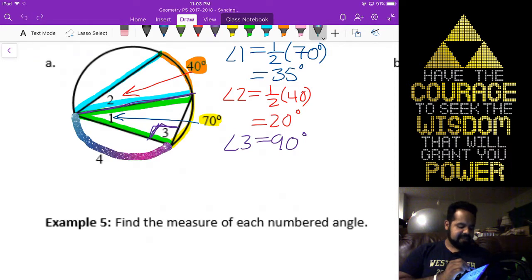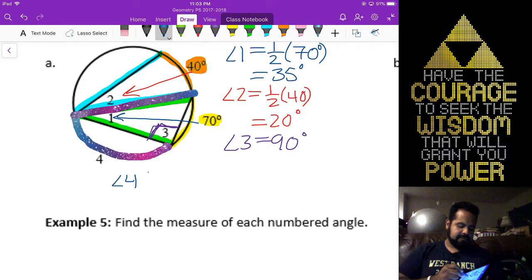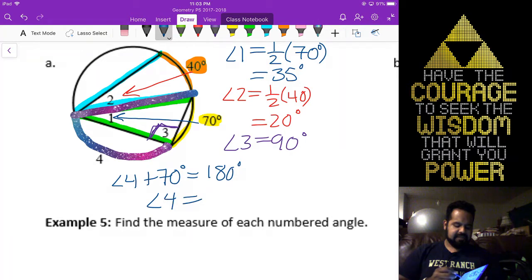If you remember what I said earlier, this is our diameter, which means that it cuts the circle in half. So that means that angle 4 plus 70 degrees has to add up to 180. Therefore, angle 4 is going to equal 110 degrees.